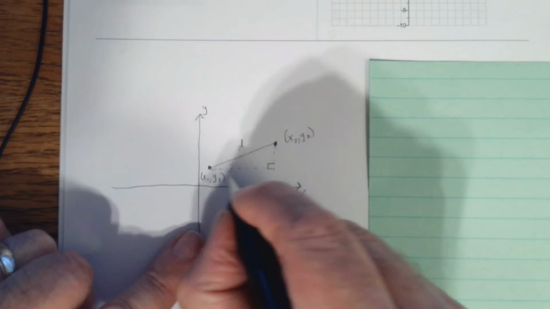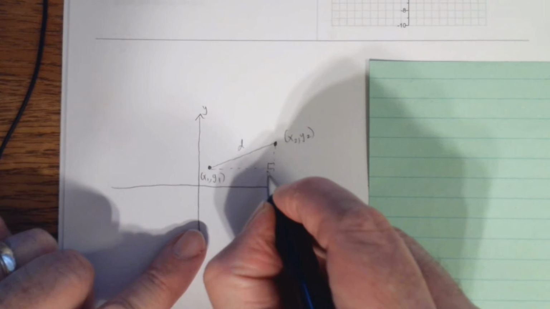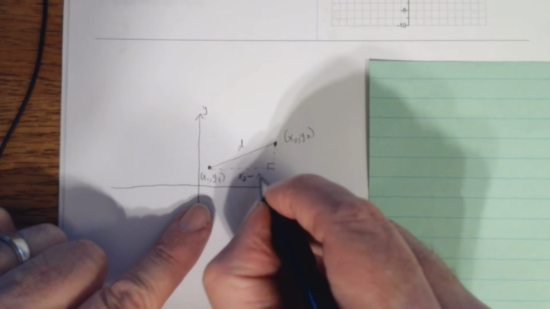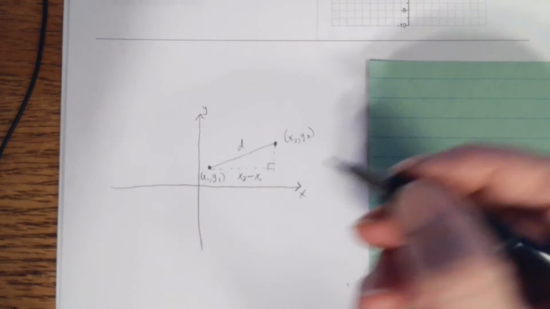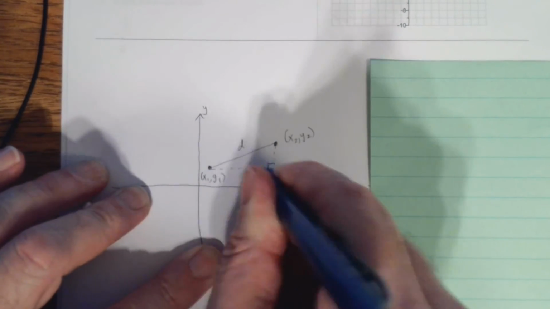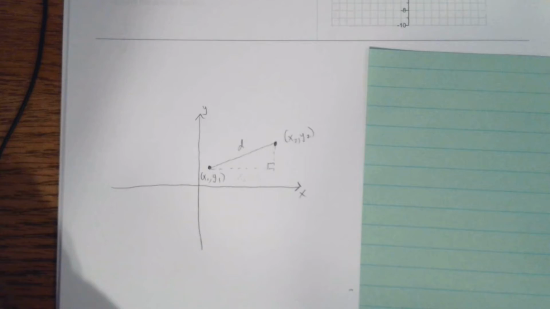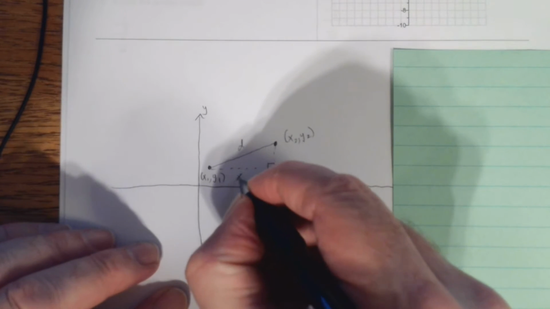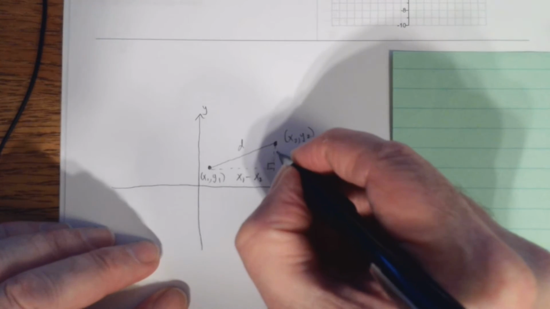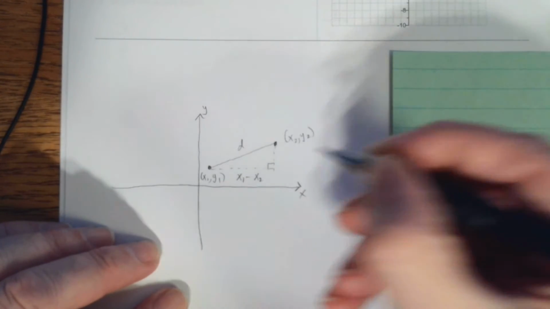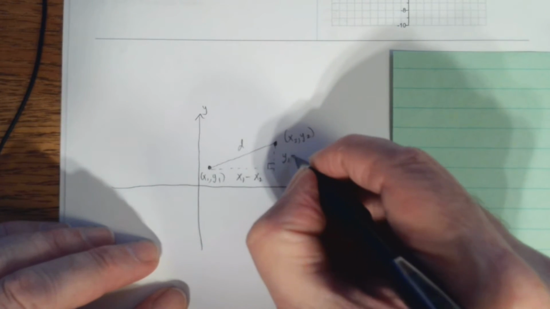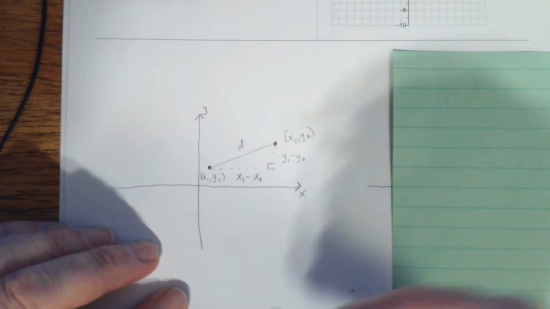And this distance here is found by subtracting your x values. So that's x sub 2 minus x sub 1. I probably should say x1 minus x2 since that's how I did it before. Because we're going to square it, it doesn't really matter if it's positive or negative. And this distance here, that's our y distance, is found by subtracting the y values. So y sub 1 minus y sub 2.